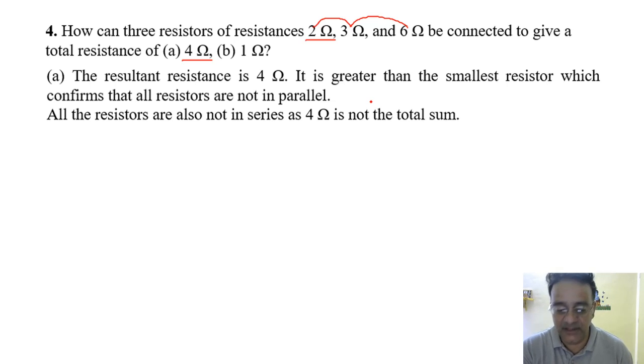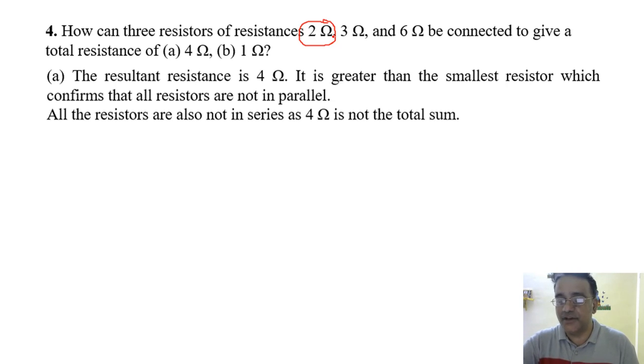Now listen carefully, ये जो 4 ओम आ रहा है, जो वो 2 ओम से बड़ा है, राइट. 2 ओम से बड़ा है, तो इसका मतलब 2 ओम के साथ में हम लोग सीरीज में कनेक्ट कर सकते हैं. Listen carefully, 4 ओम जो इक्विवेलेंट रेजिस्टेंस है वो 2 ओम से बड़ा है.